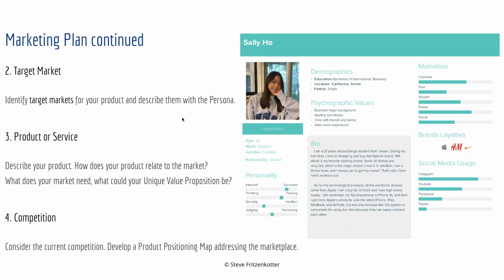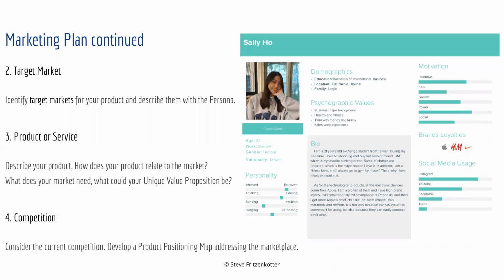Like, for example, if you had a coffee shop near the university, part of your target audience, you could develop a persona based on a student or based on two students, male and female students. That could be one of your target audiences you would build a persona for.